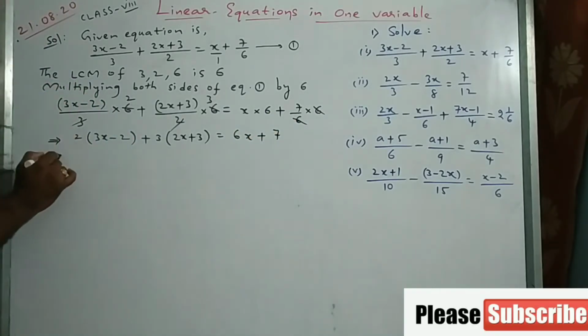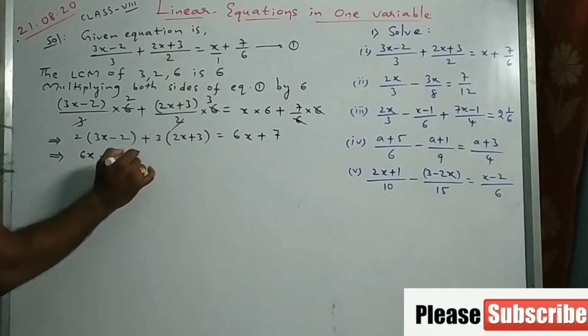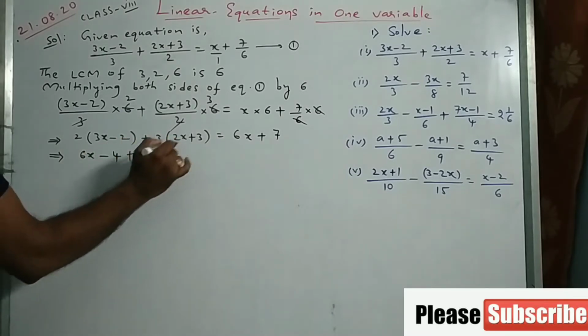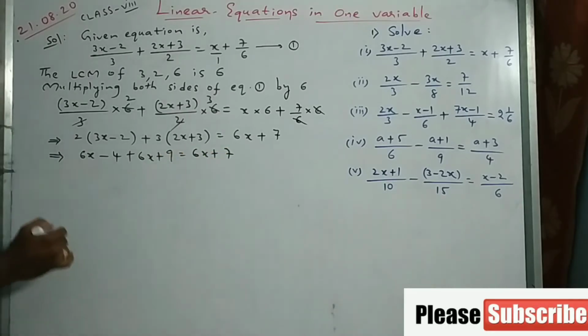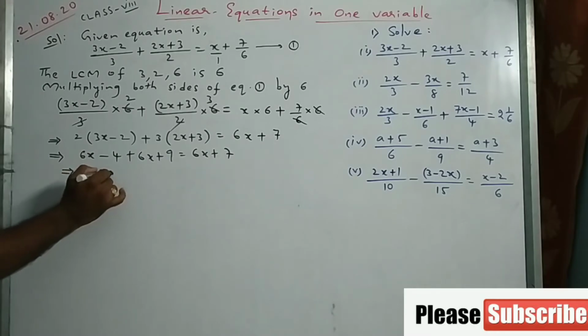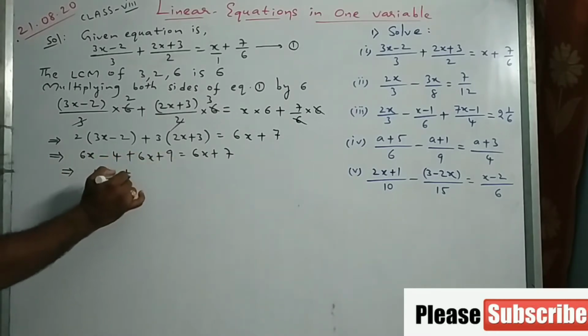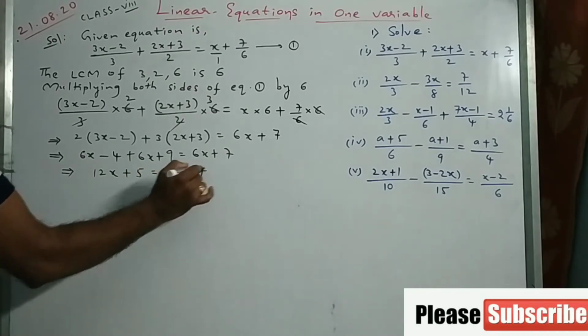Now you can multiply this. 2 3s are 6x, 2 2s are 4, 3 2s are 6x, 3 3s are 9. Okay? Now 6x plus 6x, 12x, 9 minus 4, 5 equal to 6x plus 7.